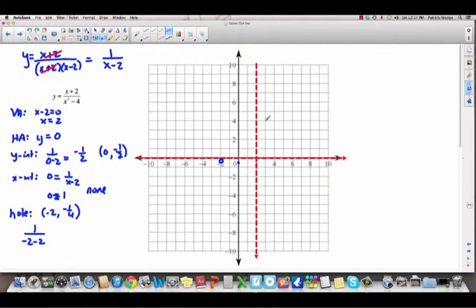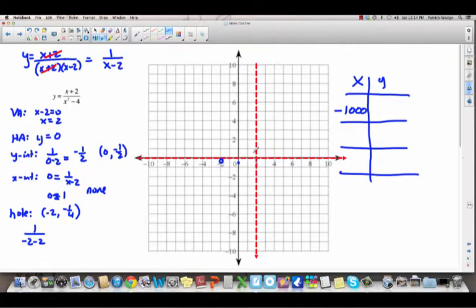So the next step it says to do is to make a table of values and put the following points. Put a very, very small negative number, like maybe negative 1,000. Put a number just a little bit below this vertical asymptote. So this vertical asymptote's at 2.